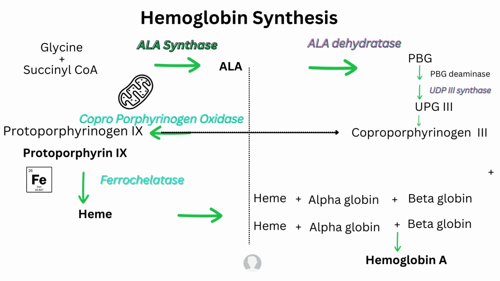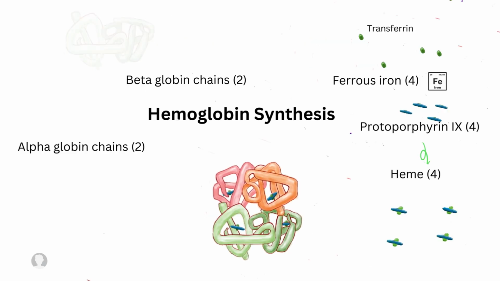To the left are the reactions for the ones occurring in the mitochondria, and to the right in the cytosol. And we will emphasize that you don't have to memorize everything here in the biochemical pathway, but at least know some important defects in hemoglobin synthesis that will lead to a sideroblastic anemia.